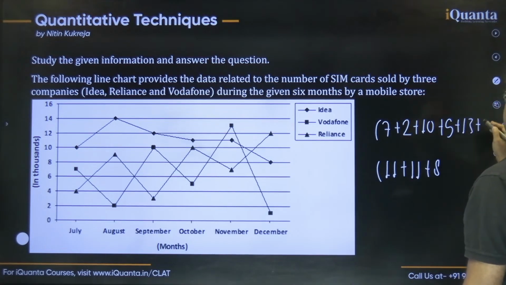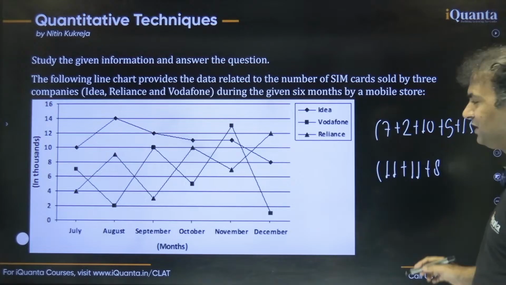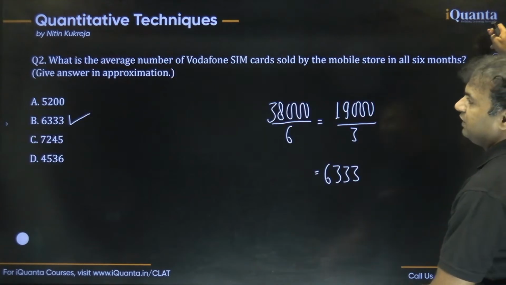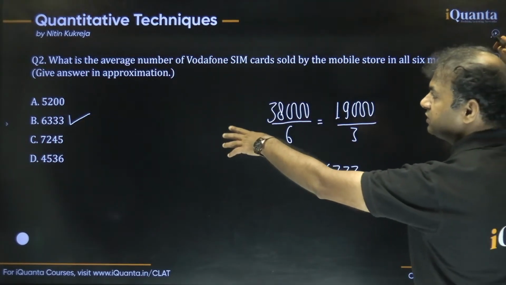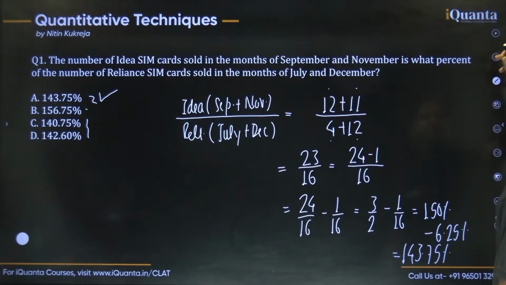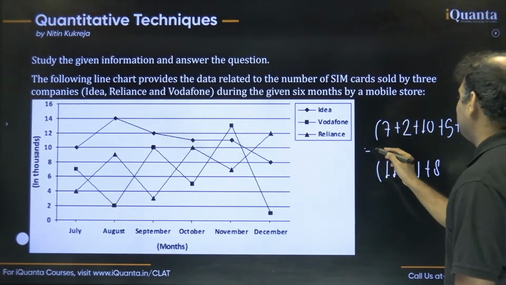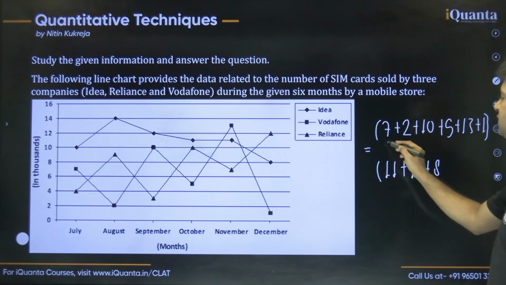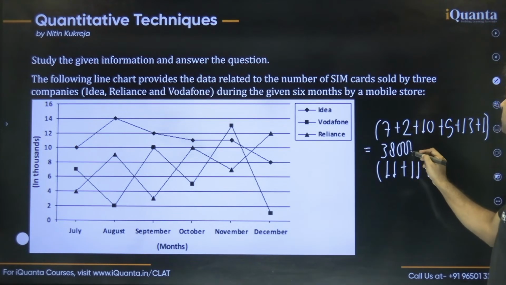In fact, in question number 2, the average of Voda, we found the sum of Voda was 38,000. Let's check: 19 plus 1 is 20, 20 and 18 is 38. Yes, it has to be 38,000.